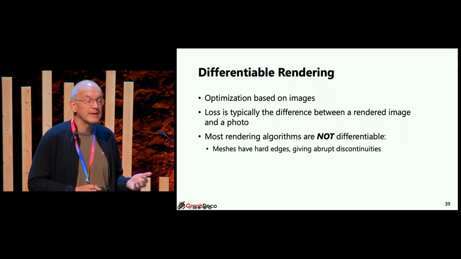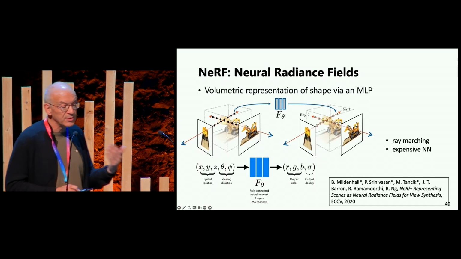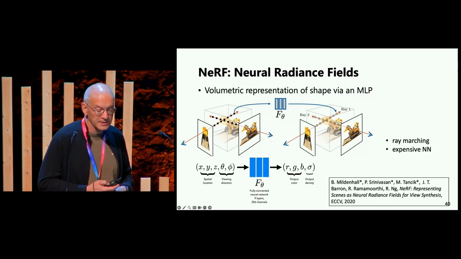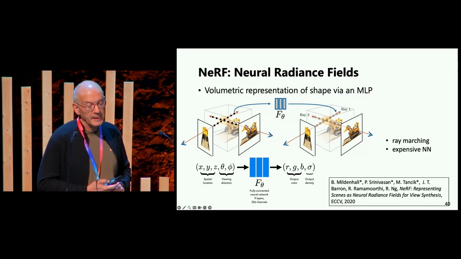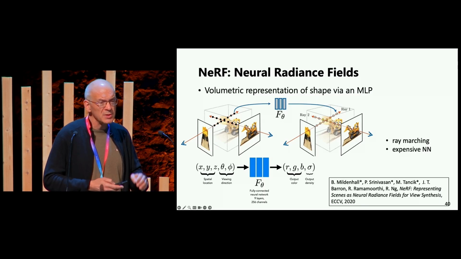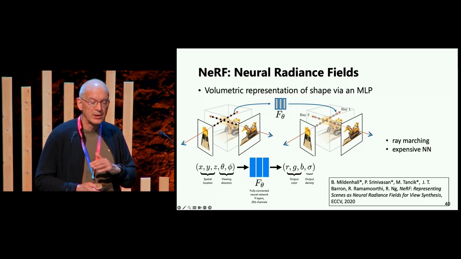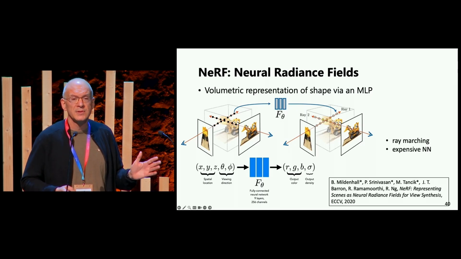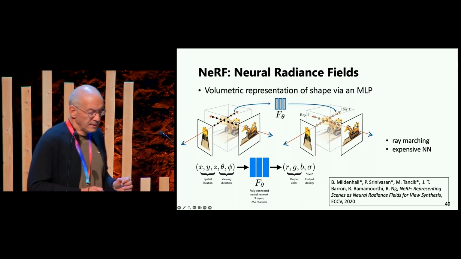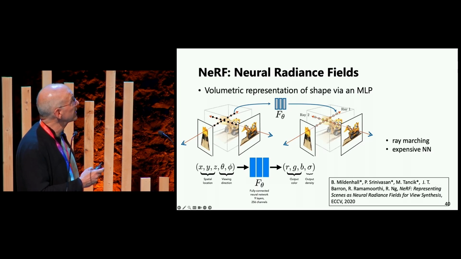And what happened at this point, in 2019, 2020, was the introduction of Neural Radiance Fields by the guys at Berkeley, helped by the guys at Google. And this was a major revolution, right? NeRFs really changed the way that we looked at novel view synthesis completely. So how does it work? The idea is that you take your input images and you consider that it's a volumetric representation.